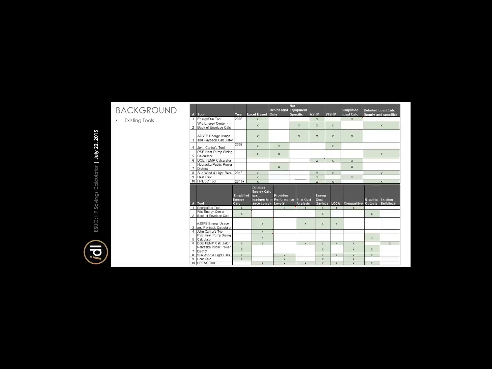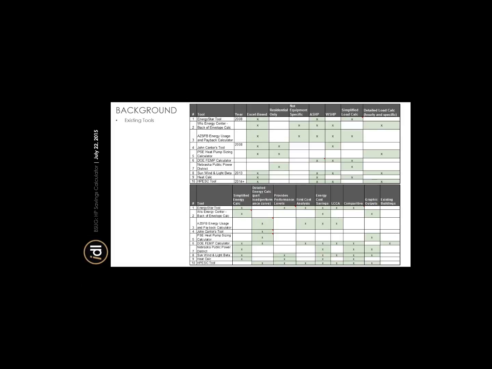With that in mind, we tried to find all the existing tools we could, and we came up with a list of 9 that fit some of our criteria. You can see we listed the year they were developed, if it was available. Most of them were Excel-based, but not all of them.